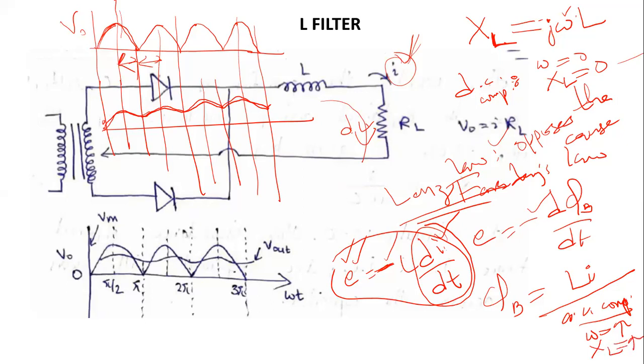This impedance offered by this inductor to such an alternating ripple component will obstruct the flow of the alternating ripple component, or we can say that it will filter out a certain amount of that alternating current component. It will prevent it from reaching the load resistance RL.